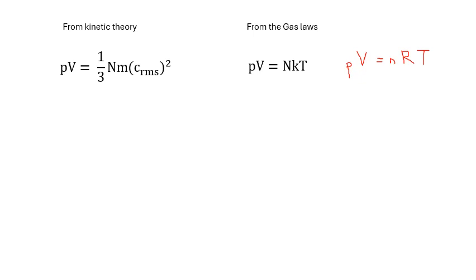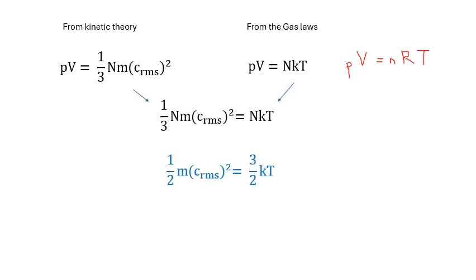That equation comes from experiments, from the gas laws, the behavior of gases. Both of them are equal to PV, so let's put them together. A third Nm c_RMS squared equals NkT. The N's cancel. Multiply both sides by 3/2 and we get a half m c_RMS squared equals 3/2 kT.